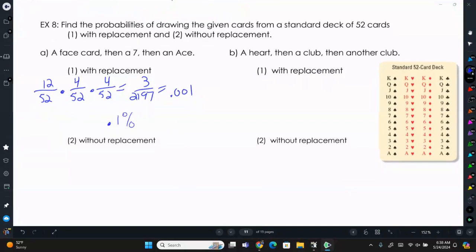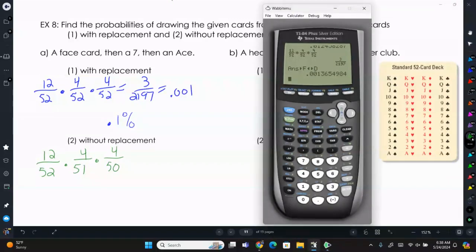Now, without replacement, the numerators are going to stay the same, but as I pick more cards, there's going to be fewer and fewer left to choose from. So after I pull the face card, there are now 51 cards left in the deck. After I pull the 7, there are now 50 cards left in the deck.